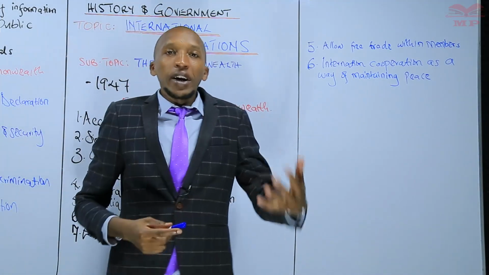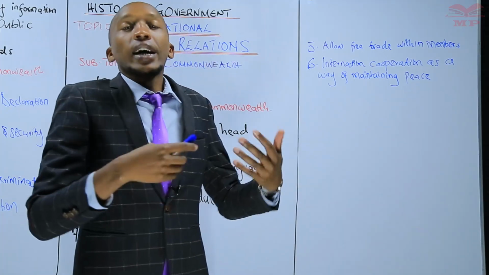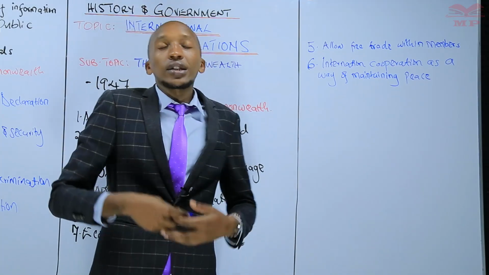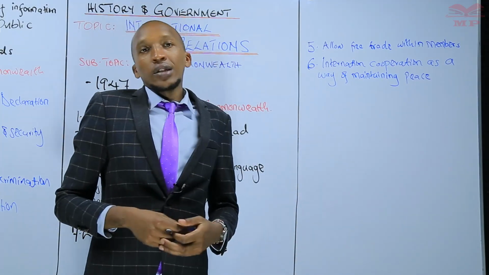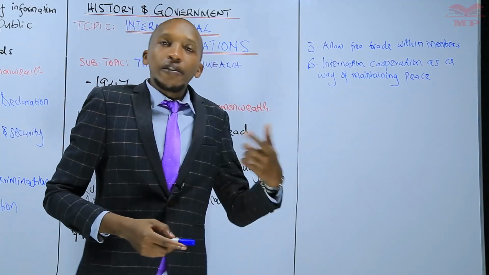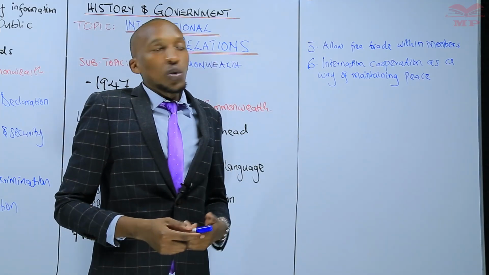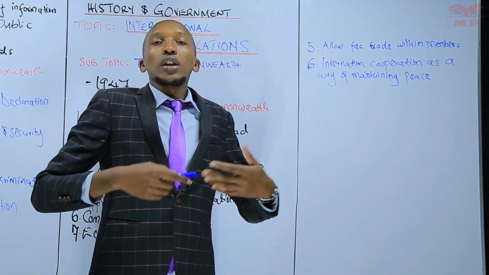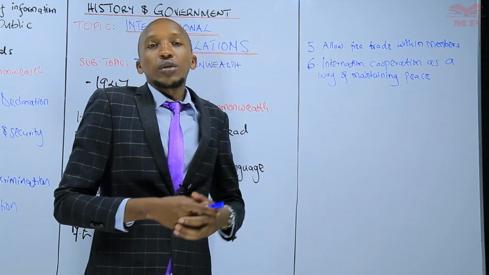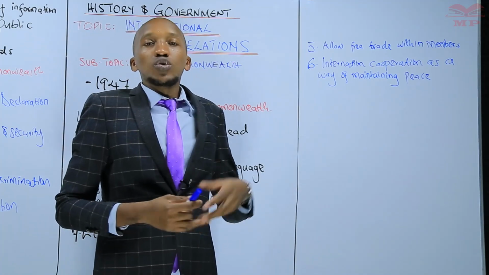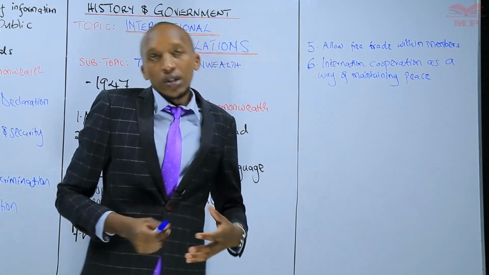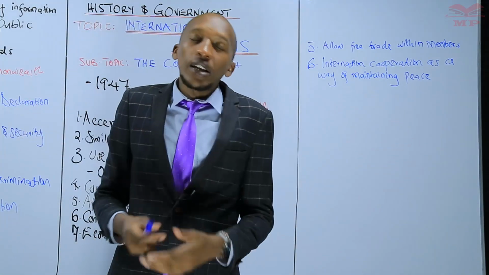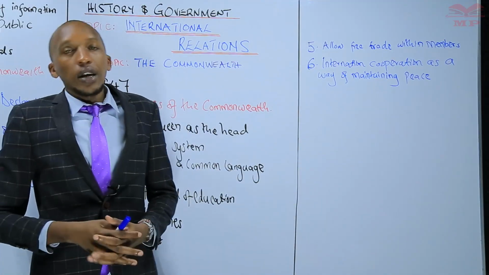They were supposed to cooperate with one another in an effort to make sure that there is international peace. There is security amongst themselves. So no nation is supposed to advance against another. So the heads of state declared that they are going to cooperate amongst themselves and with other international organizations to make sure that there is peace, there is security, there is international calmness, there is international peace in the world.